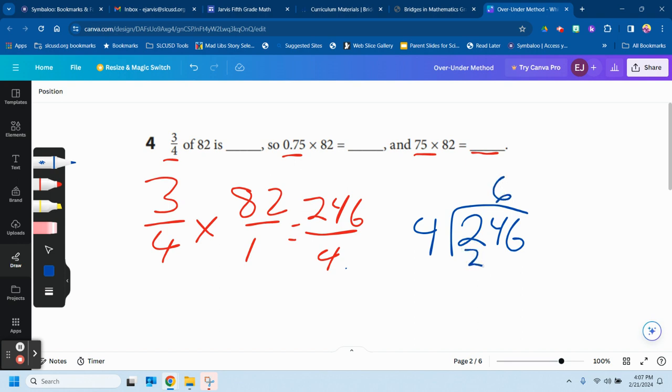I'm going to have 24, 0. Bring down the 6. 6 divided by 4 is 1. And I have a remainder of 2. That's my new numerator, 2 fourths. So I can simplify 2 fourths. That equals 61 and 1/2. They're both divisible by 2. 4 divided by 2 is 2. 2 divided by 2 is 1. So 3/4 of 82 is 61 and 1/2.